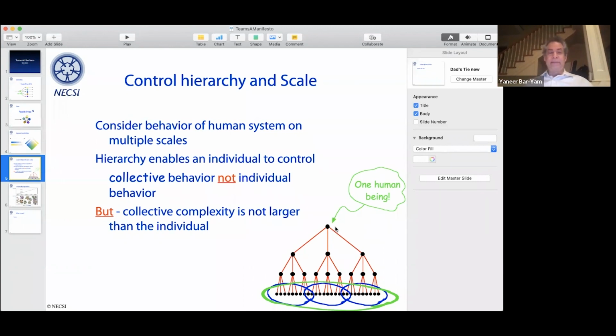So this statement about the limits of complexity, it's important. The reason that society could have hierarchical systems in the past is because it wasn't complex enough. But what we've seen in the last several decades is that hierarchical systems fail.